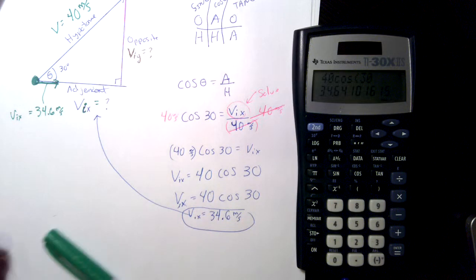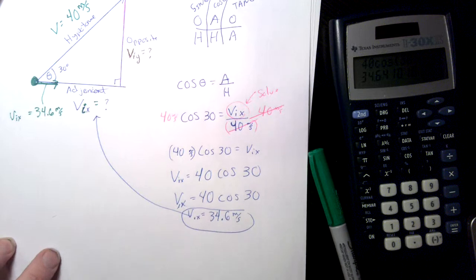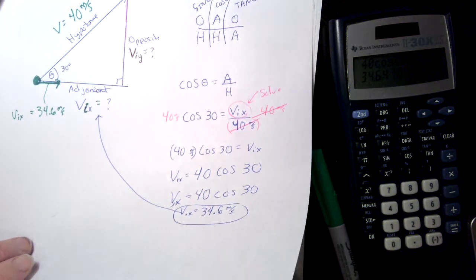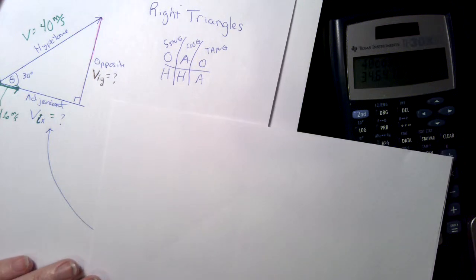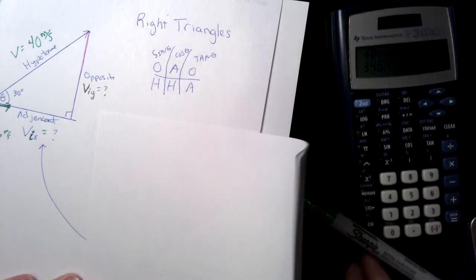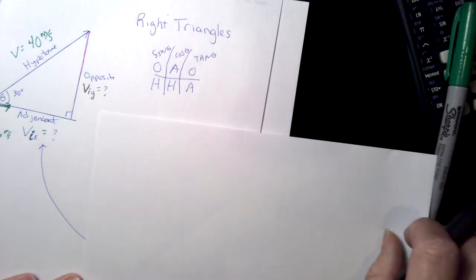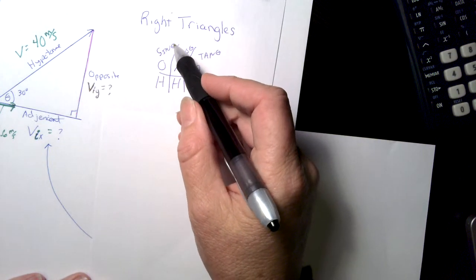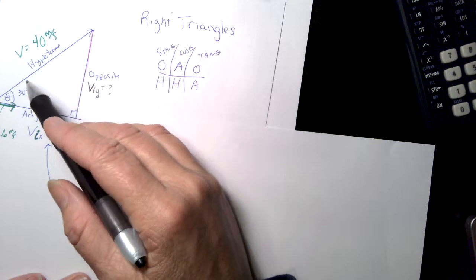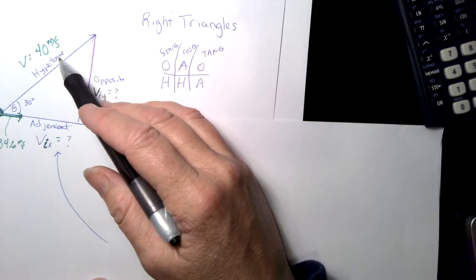So now I gotta do my fancy footwork again. I don't have to keep rewriting it. I'm gonna start over here. So I gotta look for the angle, the information that has the opposite stuff. So here's your full hypotenuse. That's a 40.